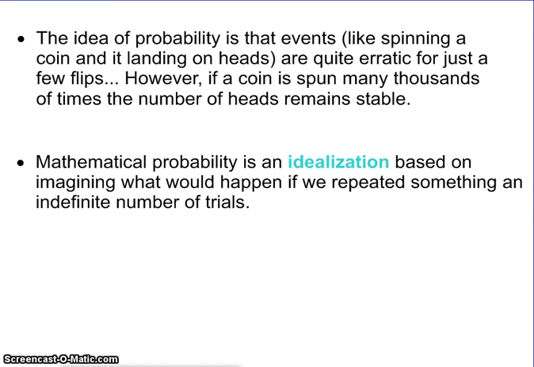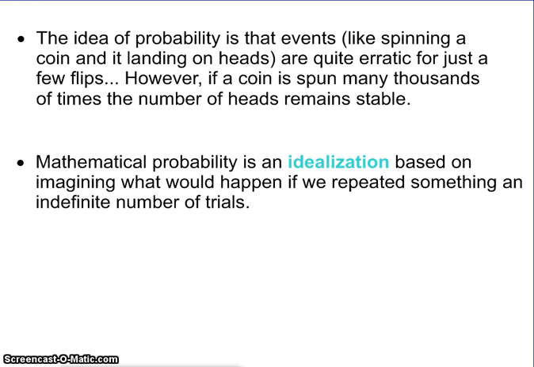All right, so the idea of probability is that events like spinning a spinner, or flipping a coin and it landing on heads, are erratic with just a few. So we need to create an event that will actually happen multiple times, thousands of times, not even hundreds, thousands. You would have to flip that coin over 1,000 times in order to get it close to 50-50.